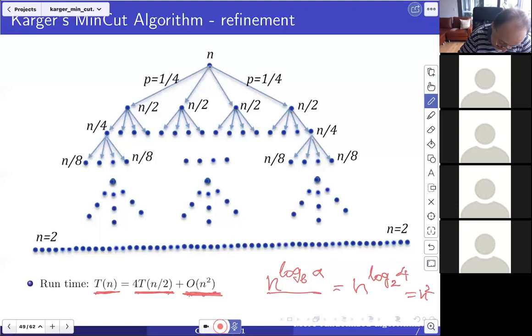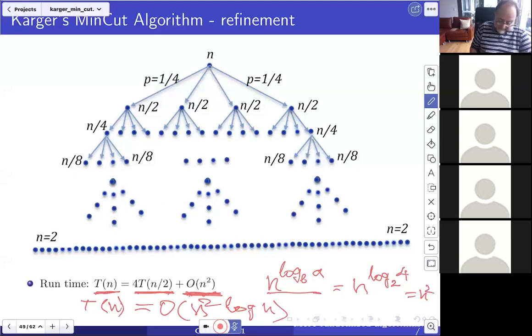So this is the second case of the master theorem. So T of n will be then O of n squared log n. Okay. Remember, the deterministic algorithm for min cut, the best one would run in n to the 4th. And n squared times log n is just huge. It's orders of magnitude better, right? If n is large.